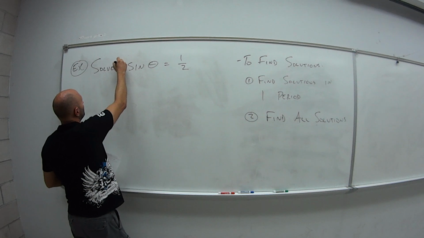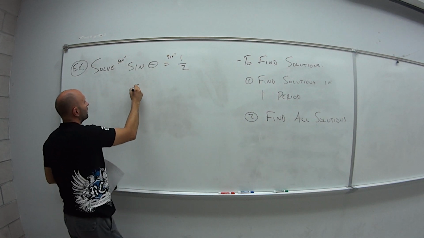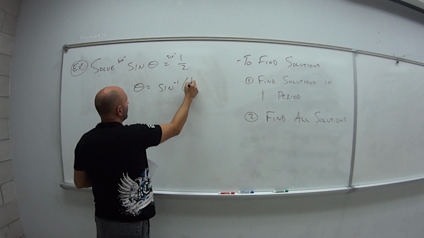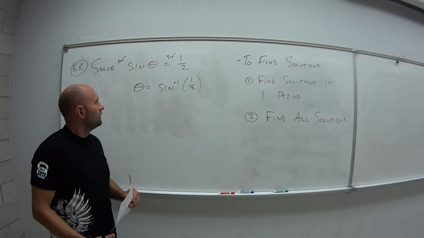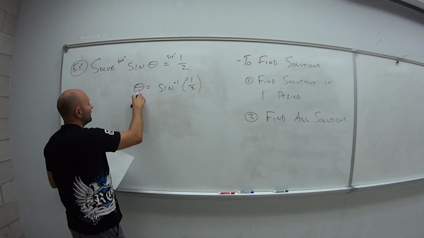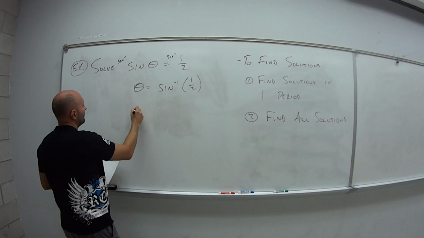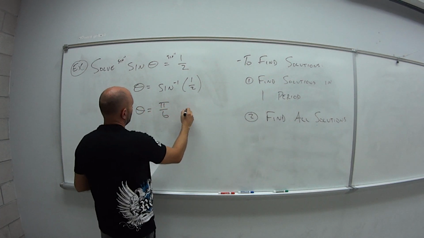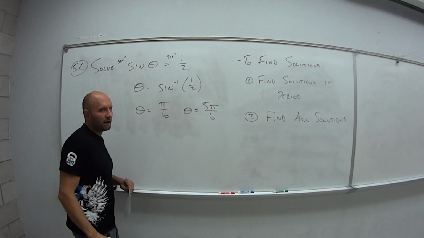We need to take the inverse sine function on each side. When we do that, we get theta is equal to sine inverse of 1/2. Now we need to know what values theta can take that will give us sine equal to 1/2. Those values are theta equals pi over 6, or theta equals 5 pi over 6.